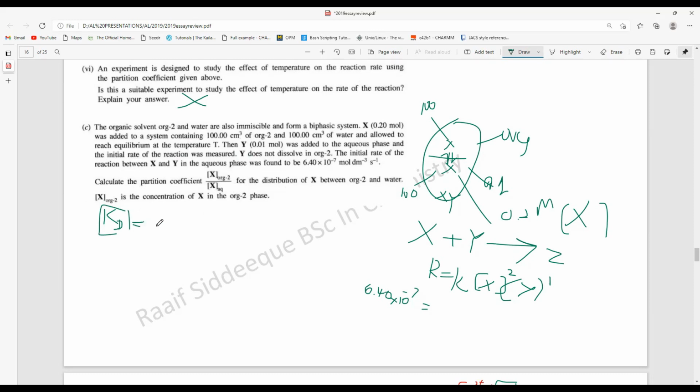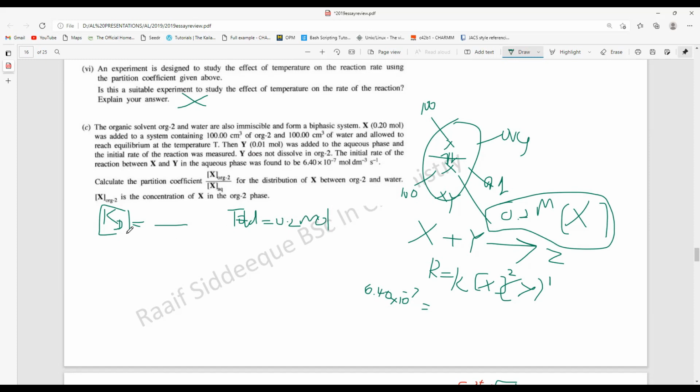So first point here. Okay, the only thing that we know is the initially added number of moles of X, that is 0.2. So we know the total X, that is 0.2 moles.